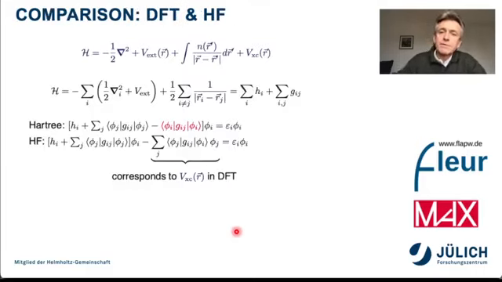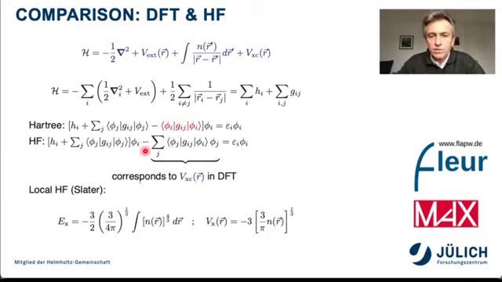Now, that means if we compare the Kohn-Sham equation with the exchange correlation potential to Hartree-Fock or Hartree, then this exchange correlation potential, as we discussed already, corresponds either to this self-interaction correction here or this exchange term in the Hartree-Fock approximation.